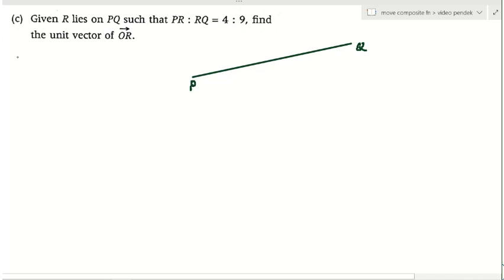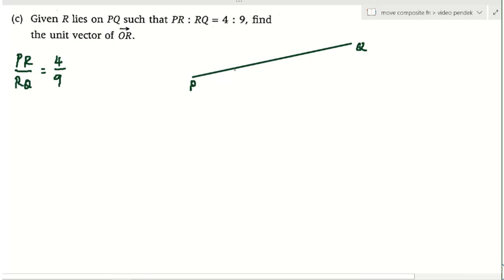The ratio we can write like this: PR over RQ equal to 4/9. Ratio is a fraction, right? Ratio is a division. So PR is 4 units, RQ is 9 units. It is not the usual length, but only a representation as a ratio.